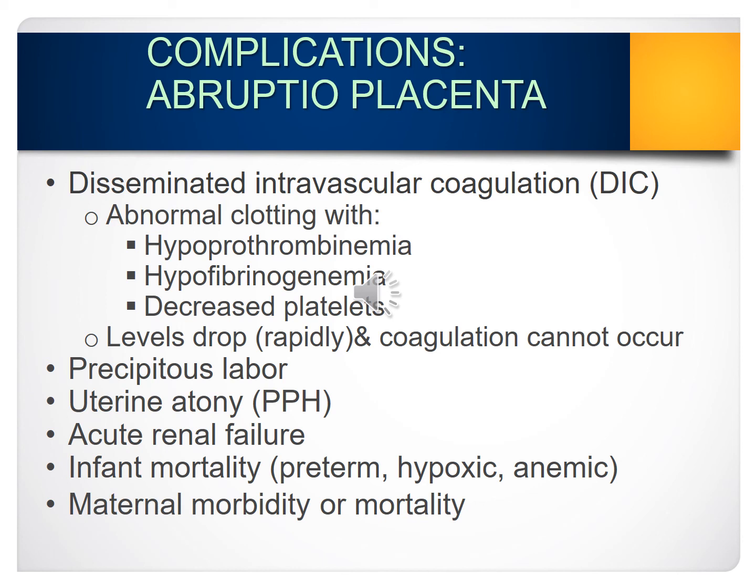In the postpartum period, she is at risk for PPH, which is postpartum hemorrhage, because the uterus is not able to contract and stop the bleeding. There's infant mortality and maternal morbidity and mortality that we should be aware of, that the woman is at risk for as well.